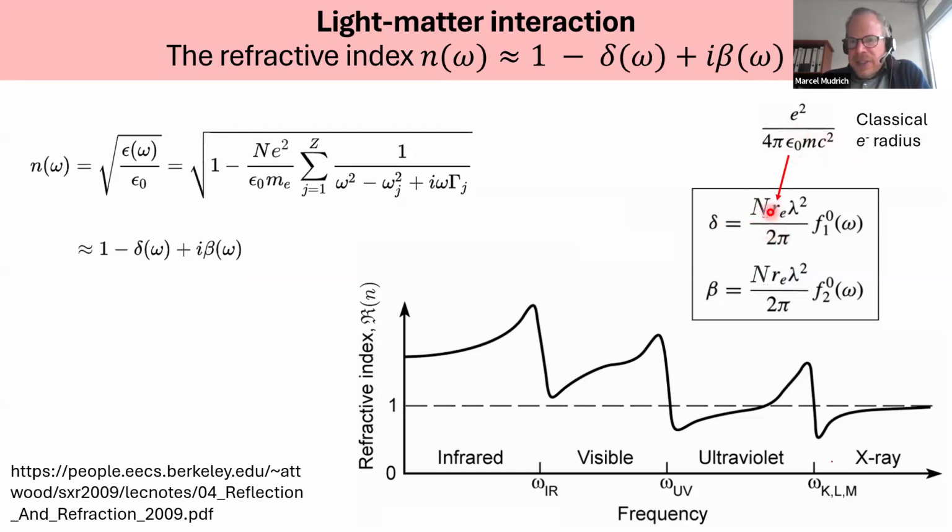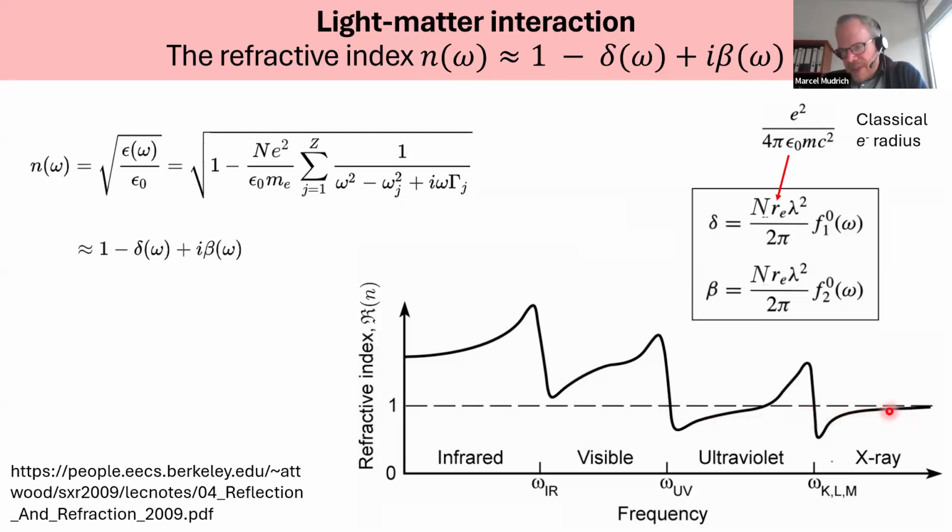We have the number of electrons that contribute to the oscillation, and very importantly, the wavelength squared. This lambda squared term is what makes the refractive index drop to very small values as the frequency increases and the wavelength gets shorter. Both terms, delta and beta, sharply drop as the wavelength squared, which explains why in the X-ray range the refractive index is always very close to 1.